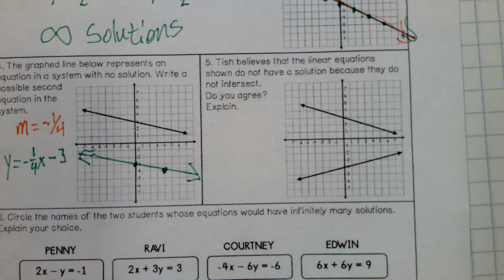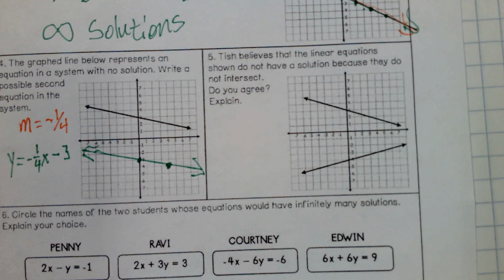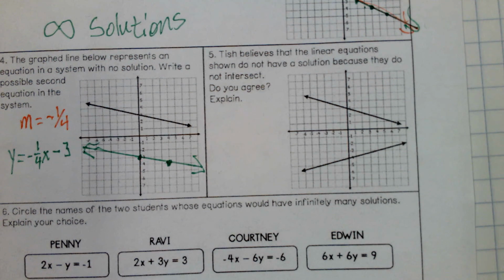So work on this one. Number 5, Tish believes that the linear equations shown do not have a solution because they do not intersect. Do you agree? Explain. So check with your partner, and do you agree or disagree? Make sure you use what we've learned about no solution.